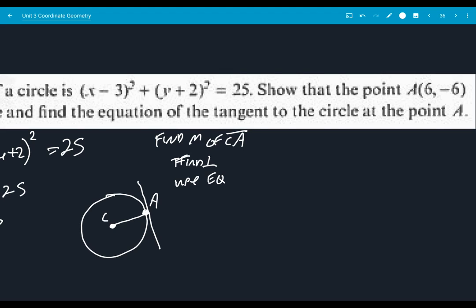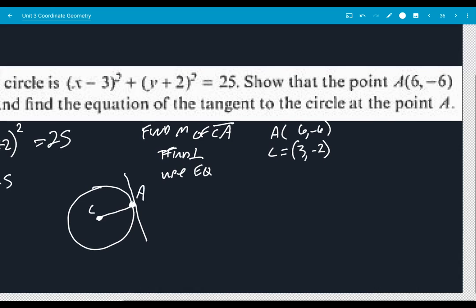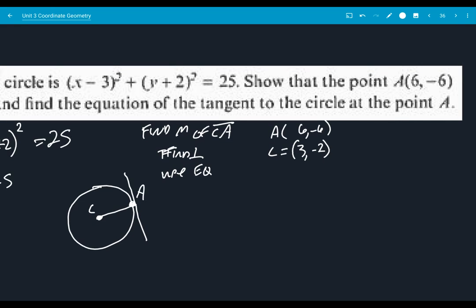So to find the slope of CA, well, A is (6, -6). C is (3, -2). So change in y, change in x. So m of CA is going to be -2 minus -6 over 3 minus 6.